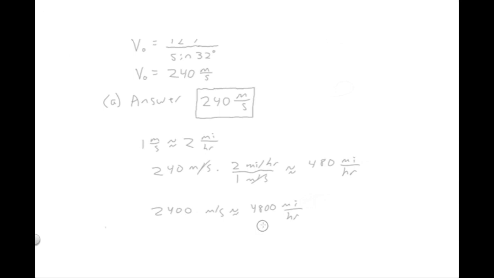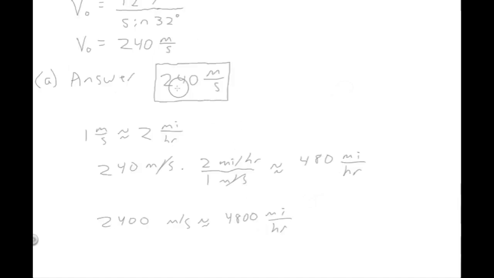So this would be a ridiculously high speed for this context, and if we got an answer like 2,400 meters per second, we'd be pretty sure that we'd made a mistake somewhere, maybe in the math or maybe in our setup. So yeah, this answer does seem to be about the right size for how fast a plane can fly. So it's really good to ask yourself whether the size of your answer matches common sense for the situation that you're working with.